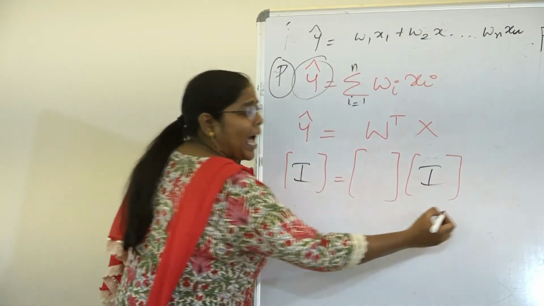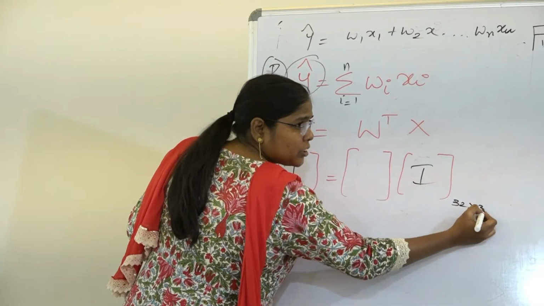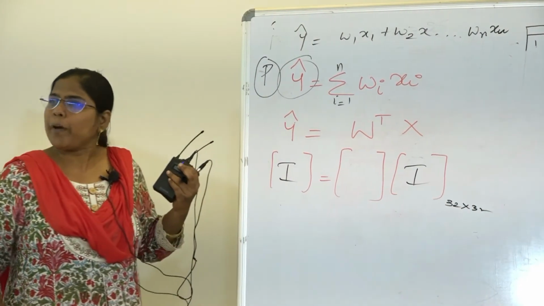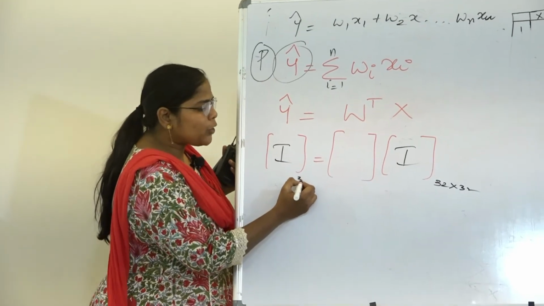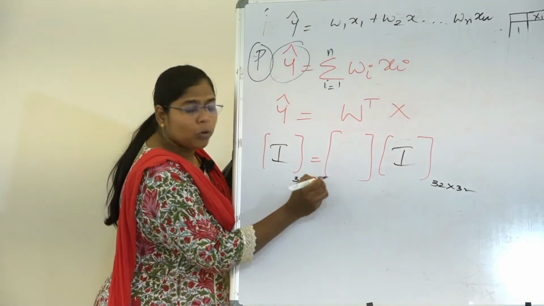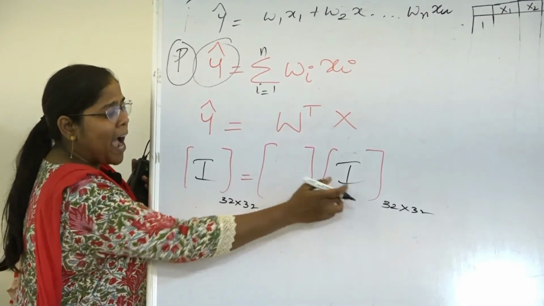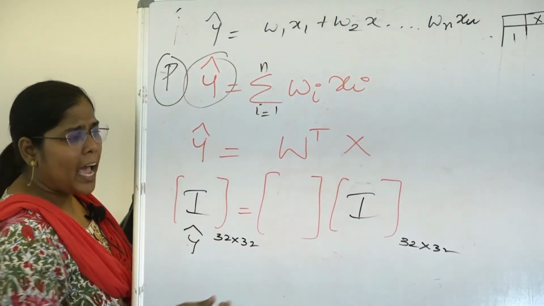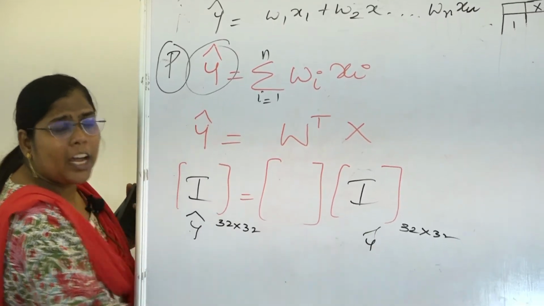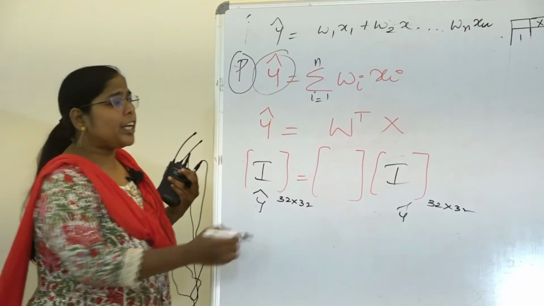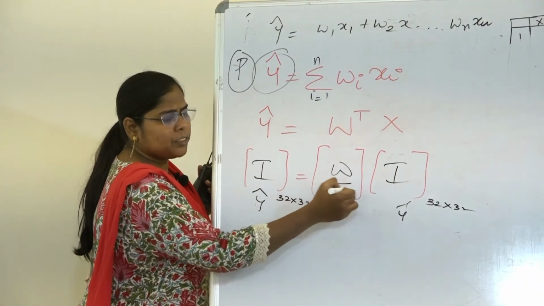The image has n by m rows, say 32 by 32, and I need to get 32 by 32. What I need to do? If I want to match y cap with y, I need to update the weights.